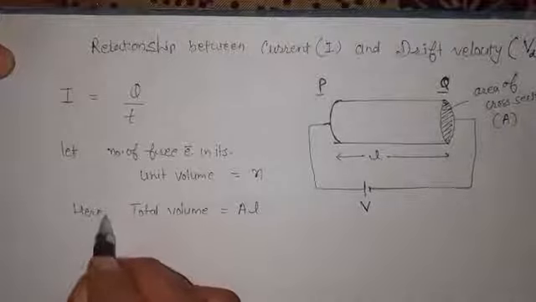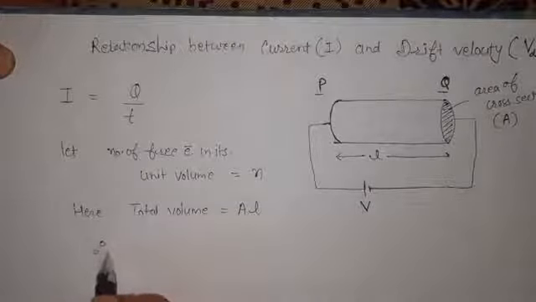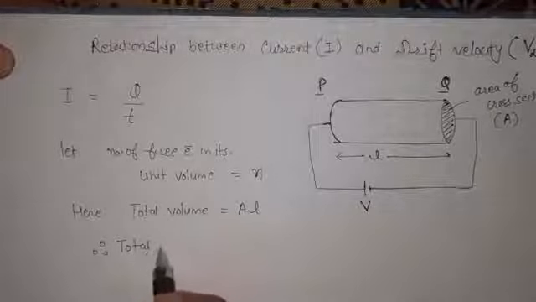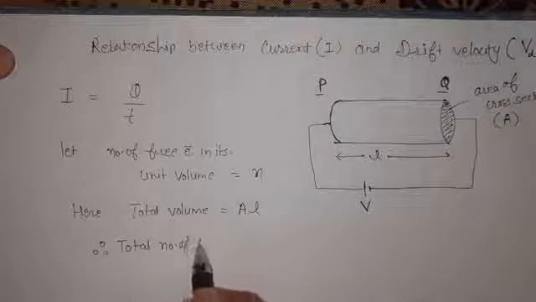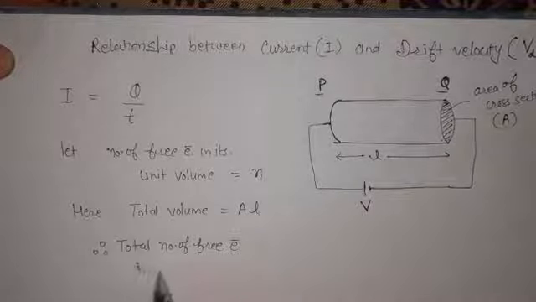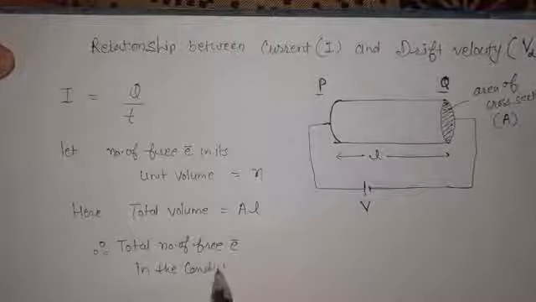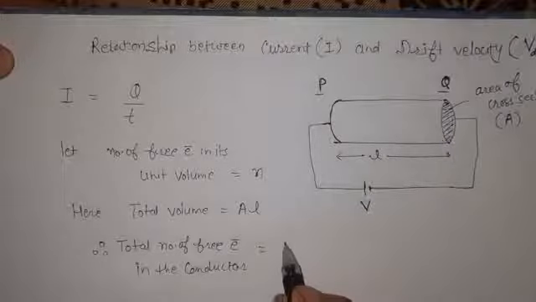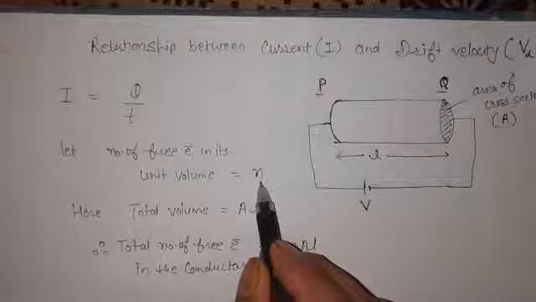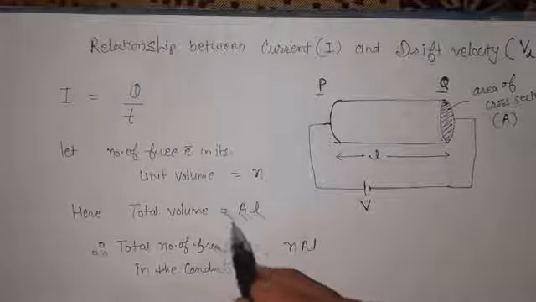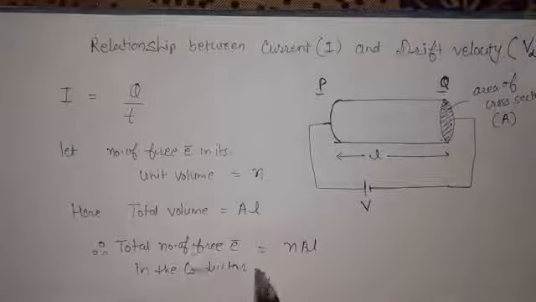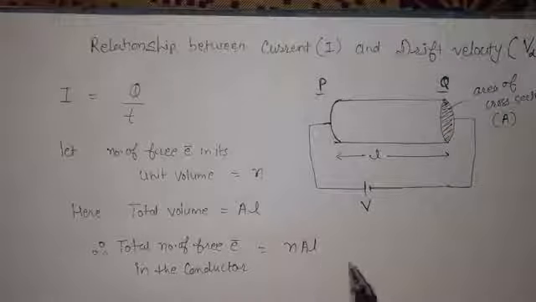Therefore, what will be the total number of free electrons? The total number of free electrons in the conductor is nAL, because in unit volume there were n, and the total volume is AL.